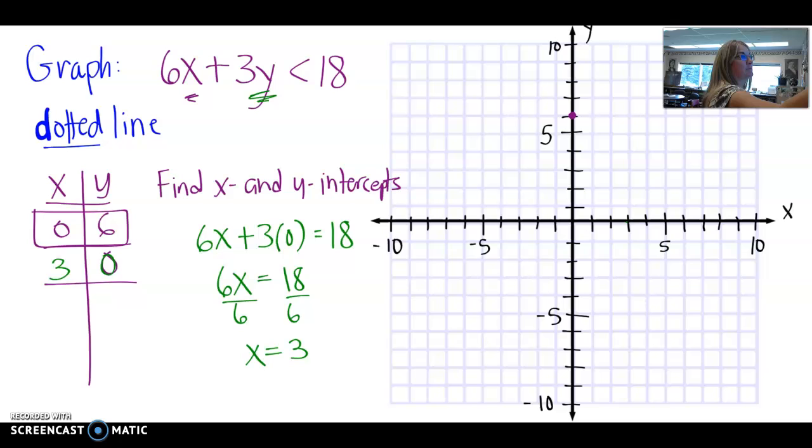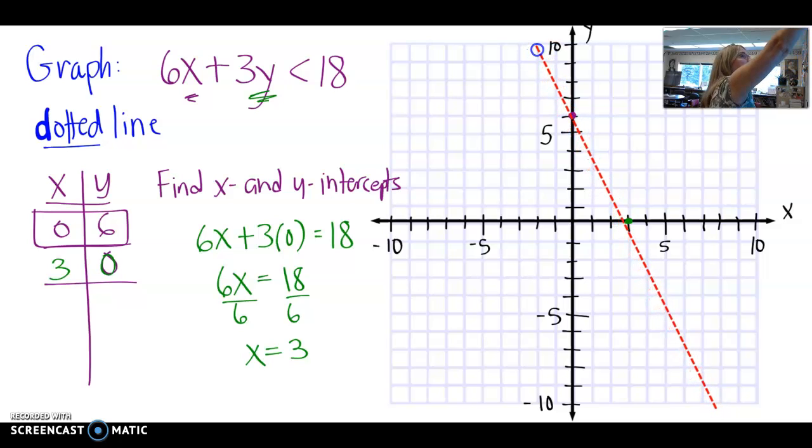So our x-intercept is right here. I have my y-intercept, I have my x-intercept. I can draw that line in. Oops, needs to be dotted. So here we go. There's the line that passes through those points.